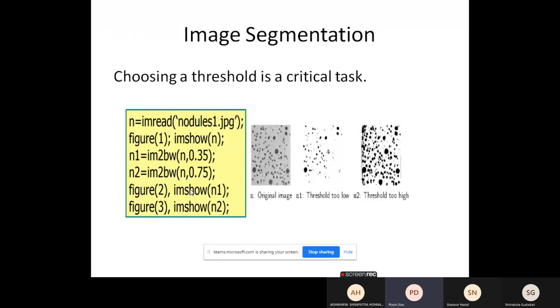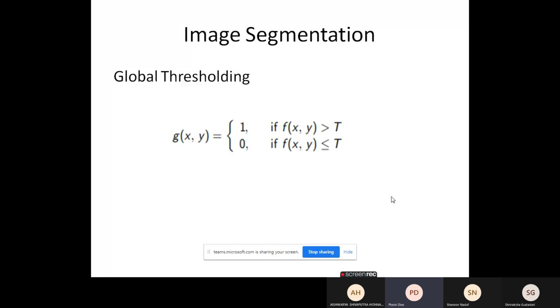Taking a very low threshold value, we cannot discriminate among images, and even if you select a very high threshold value, there will always be an ambiguity. That needs to be sorted out whenever we take up a threshold value in image segmentation methods.